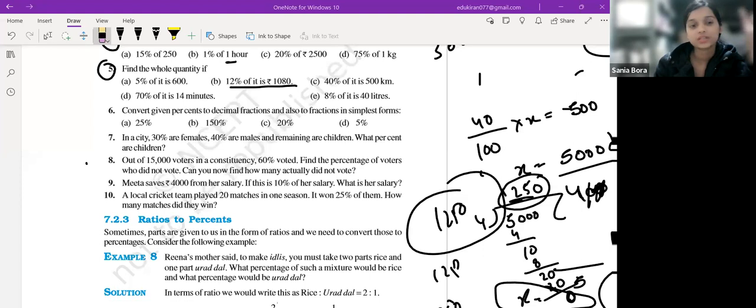Or you can write percentage of won matches. Percentage of matches they won is equal to 25%. Number of matches they won is equal to 25 by 100 into X, where X is 20. X is equal to 20 into 25 by 100. X is equal to 500 by 100. X is equal to 5 matches.